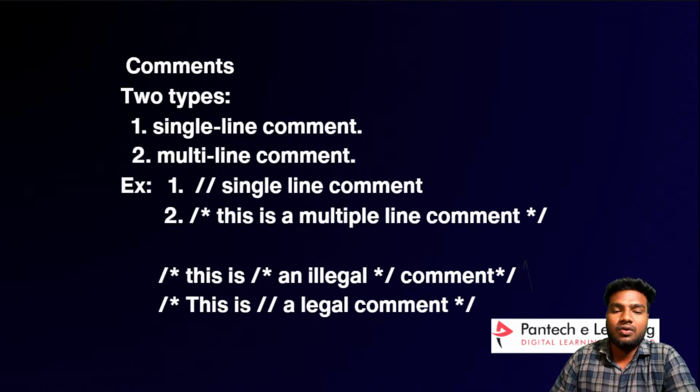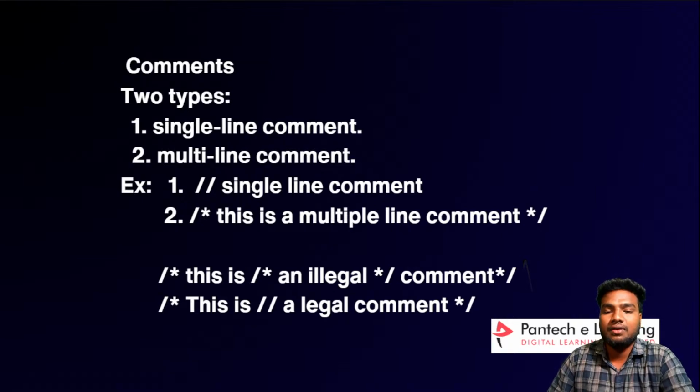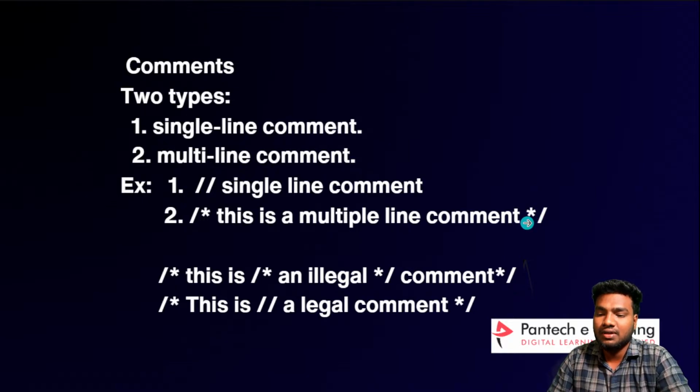There are two types of comments in Verilog: single line comment and multi-line comment. For a single line comment, you just use a double forward slash. If you want multiple lines, you have to use forward slash star, and at the end of the paragraph you must use star forward slash.